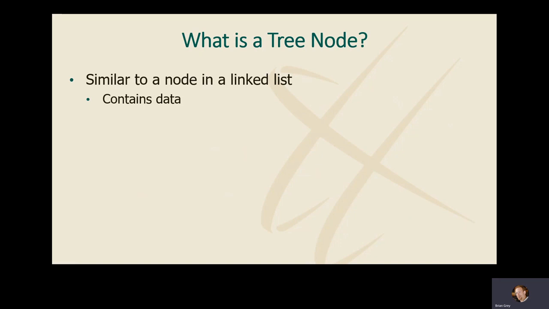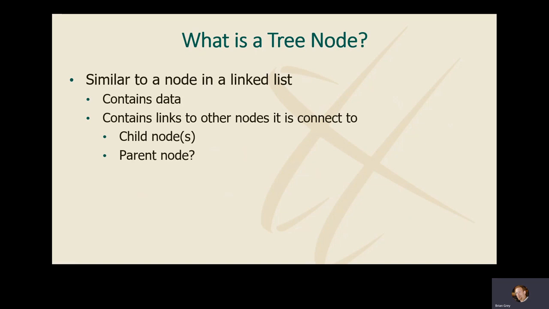What else does a node in a tree contain? Okay, so we have next node, and by next node, I presume we mean child nodes, and the parent node, if there is one. So, just like our linked list, right?